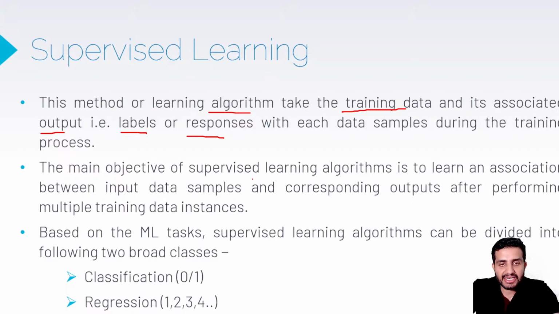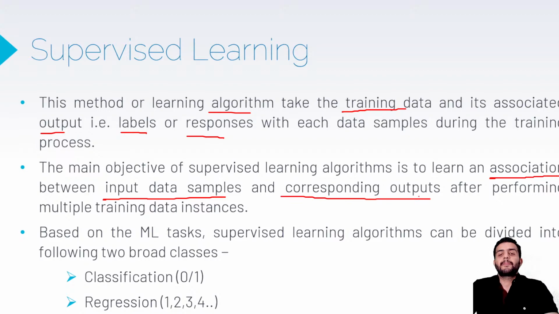So the main objective of a supervised learning algorithm is to learn an association between my input data samples and the corresponding outputs, right? So that is what we talk about.